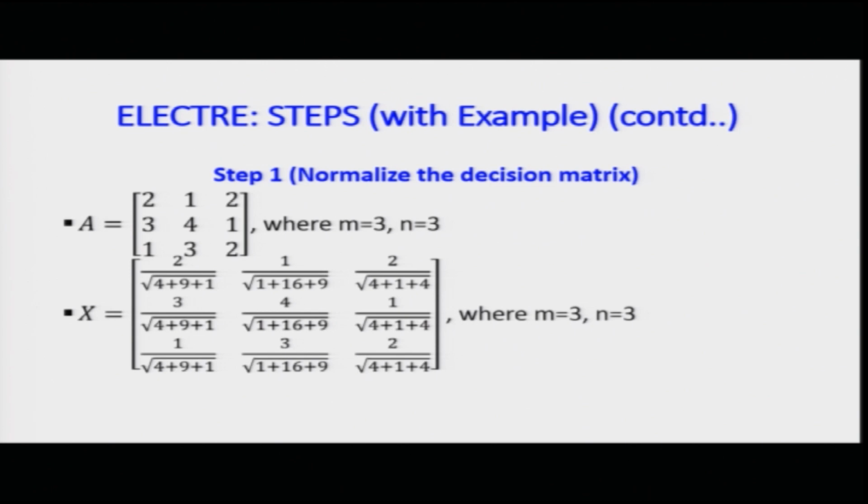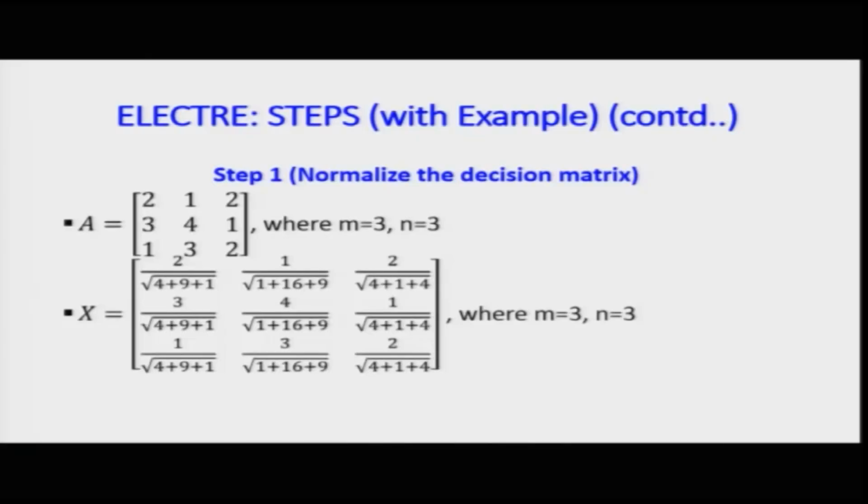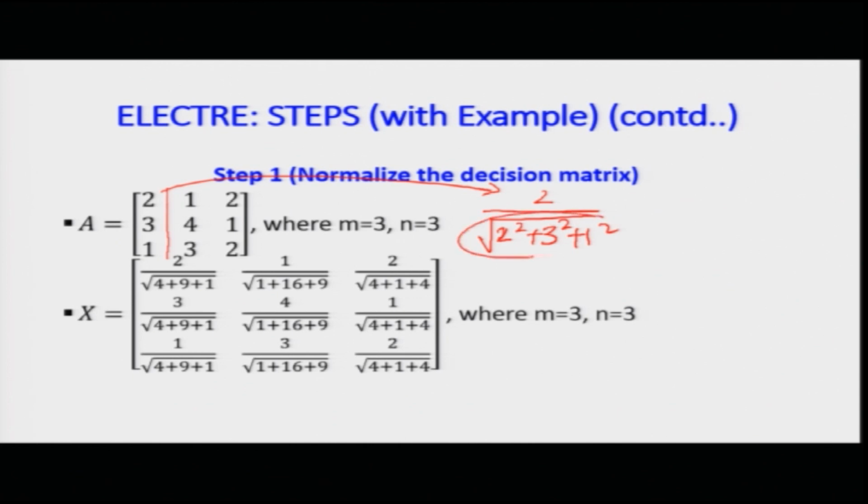Once you normalize using the quadratic concept, x becomes, the first cell is the value I will take, and I am doing it along the column. So, it will be 2 divided by the square root of 2 square plus 3 square plus 1 square. So, this value which you see is here.